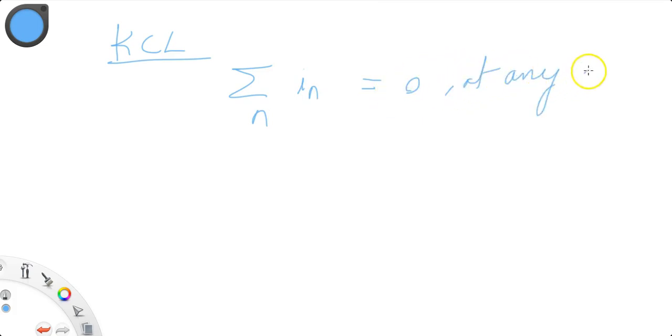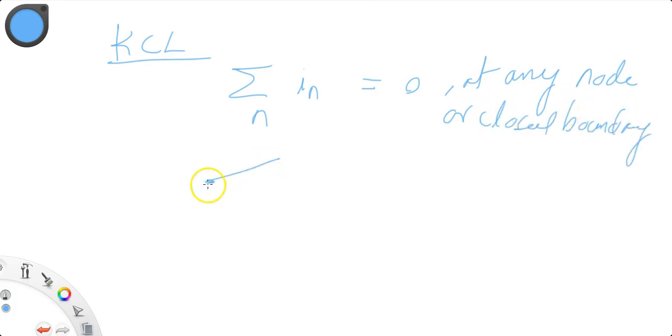Next we will move to the KCL, Kirchhoff's current law. It tells that the algebraic sum of the currents entering a node or a closed boundary is 0. That is, the summation of all currents at any node or closed boundary is zero. This is a node.